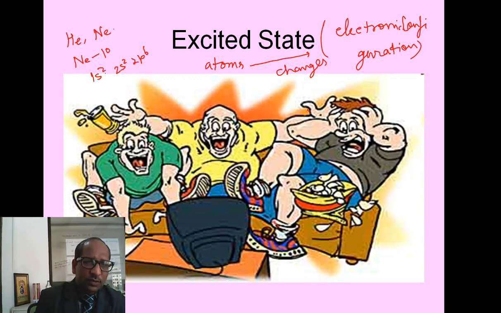So a 1s2 electron or 2s2 electron or any other electron basically jumps from this state to another state. For example, 1s2, 2s2, 2p5, and it goes into 3d1 like this. So now the electronic configuration has changed. So this was the ground state, and this is the excited state. So in this way one can explain it.